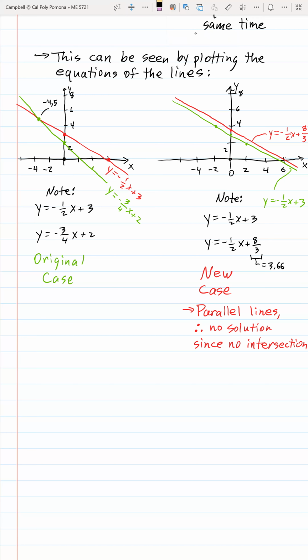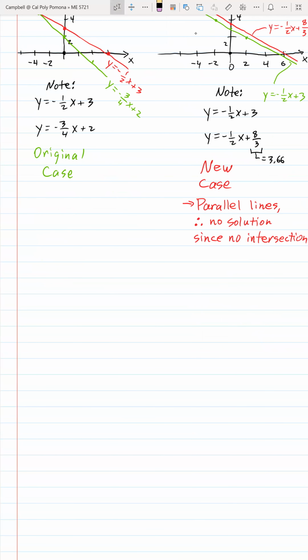So let's now take a look at one last variant of this example. And so let's look at, now again, an augmented matrix. And now we're going to perfect the scalar multiplication between the two rows.